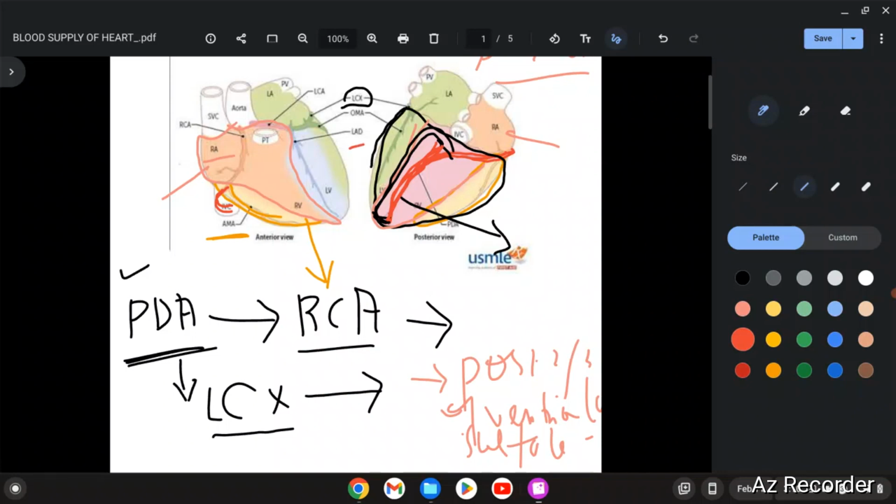Okay, just for a while, just learn that this interventricular septum, the posterior 1/3 surface of this septum is supplied by your posterior descending artery. Okay, now location. What is the location of your posterior descending artery?